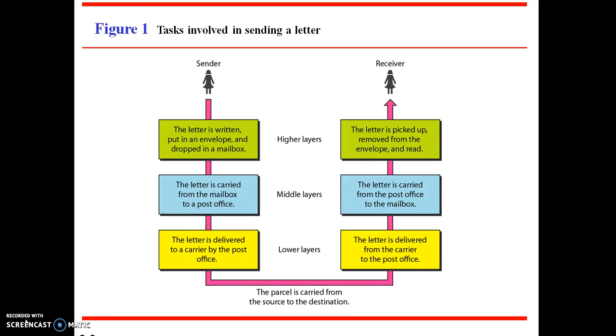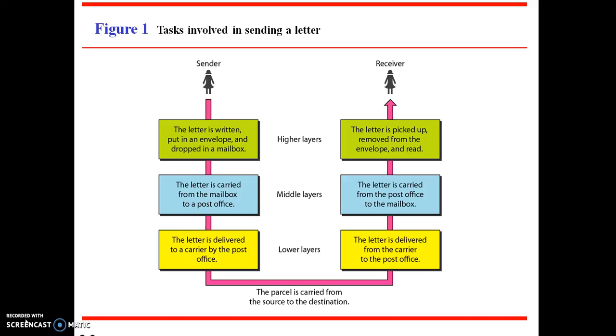For example, think that X wants to write a letter to Y. X writes the letter, puts it into an envelope and drops it into the mailbox or post box. From writing the letter to keeping it in the post box, it is the higher level.